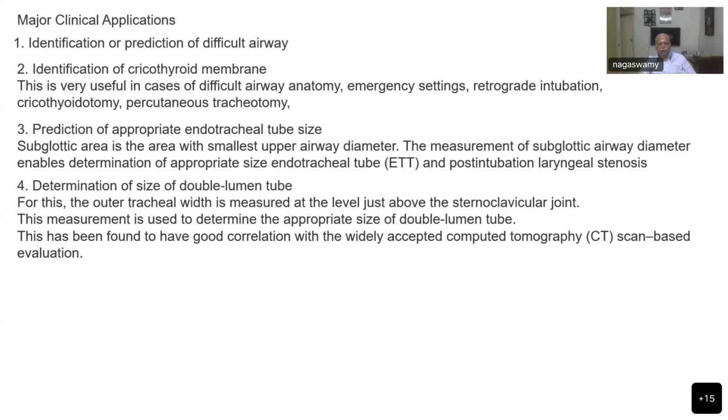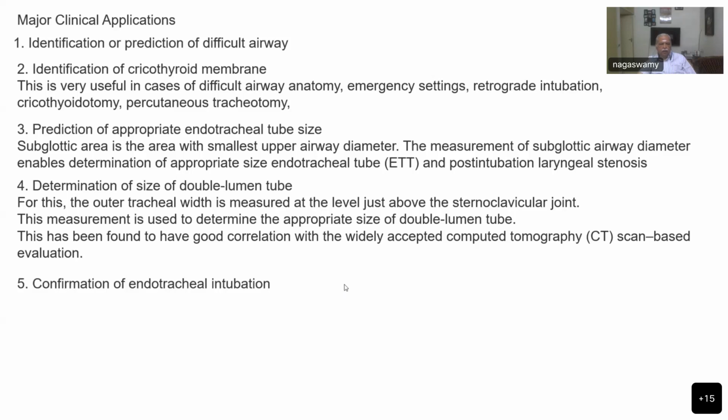Height in centimeters divided by 10 plus 12. That is the formula that you have to use for calculating the outer diameter and inner diameter size of the double-lumen tube. Whereas with the USG, you can straight away measure the tracheal width and then select the double-lumen tube. And this has been found to have good correlation with the widely accepted CT scan based evaluation also.